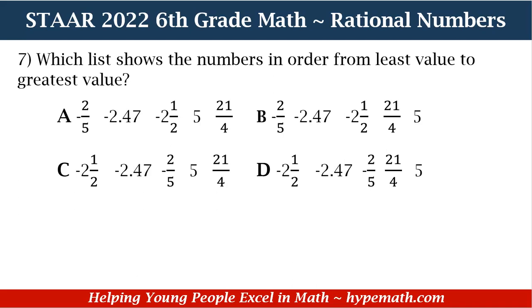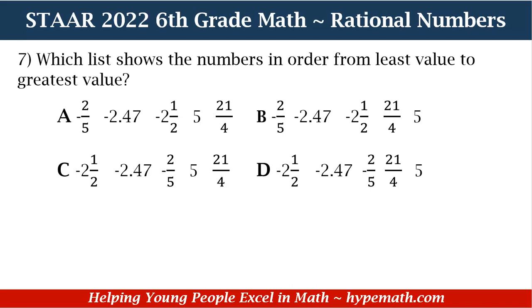Or is it C, -2.5, negative 2.47, negative 2 fifths, 5, 21/4? Or D, -2.5, negative 2.47, negative 2 fifths, 21/4, and 5.